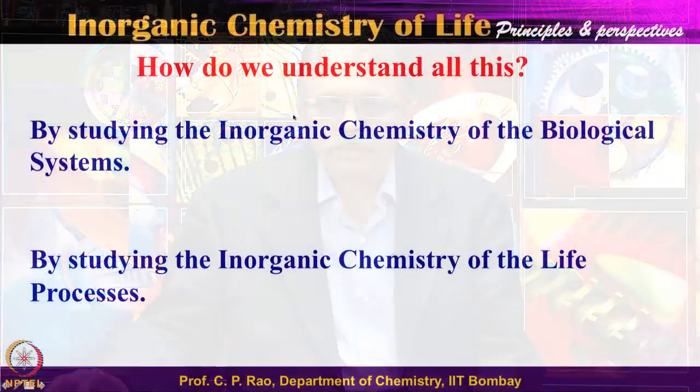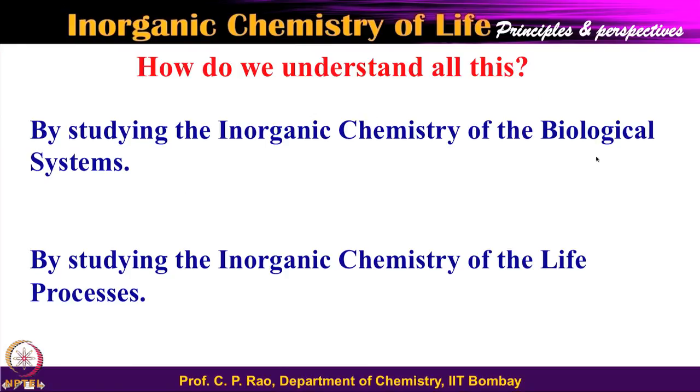In this particular slide, you can see how do we understand all of this. In order to understand all of this, we have to understand the inorganic chemistry that is going on in the biological systems, particularly in biological molecules and even cells, and also by studying these inorganic chemistry processes in life, how these inorganic elements affect the life processes.